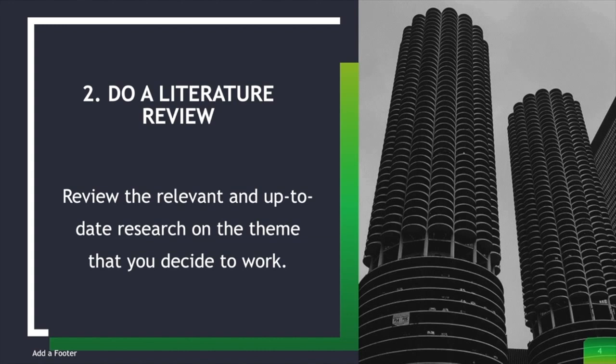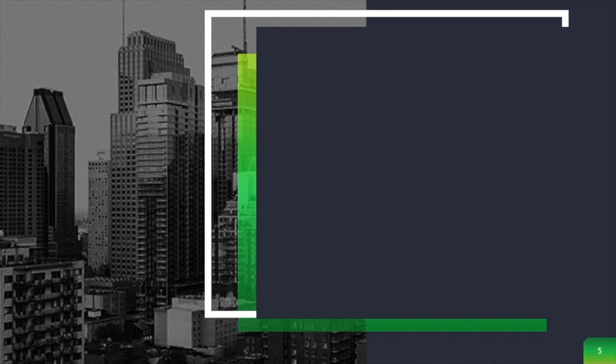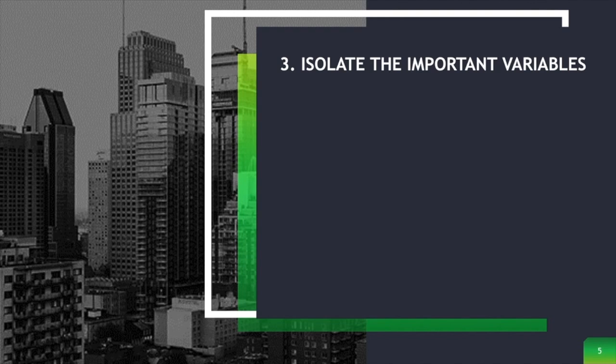And now, number three, you have to isolate the important variables. You identify the specific variables described in the literature and figure out how these are related. Some abstracts might contain the variables and the findings, thus may serve the purpose.